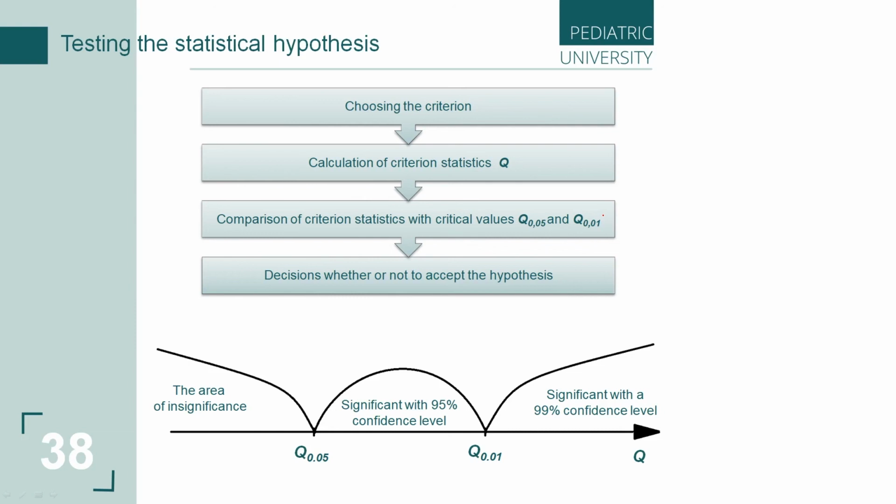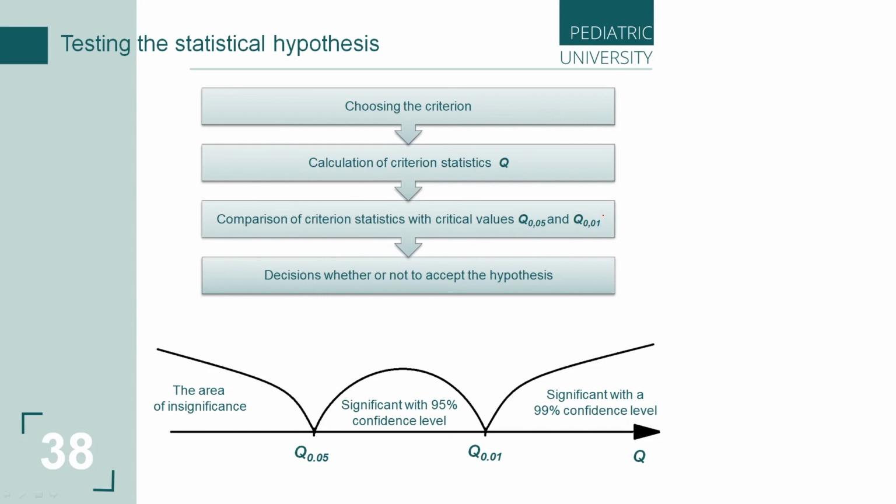We have analyzed the data, the hypothesis, the type of distribution, and selected the criterion. Each criterion has its own algorithm for calculating criterion statistics. Let us denote it by Q. We then compare this number Q with some critical values.